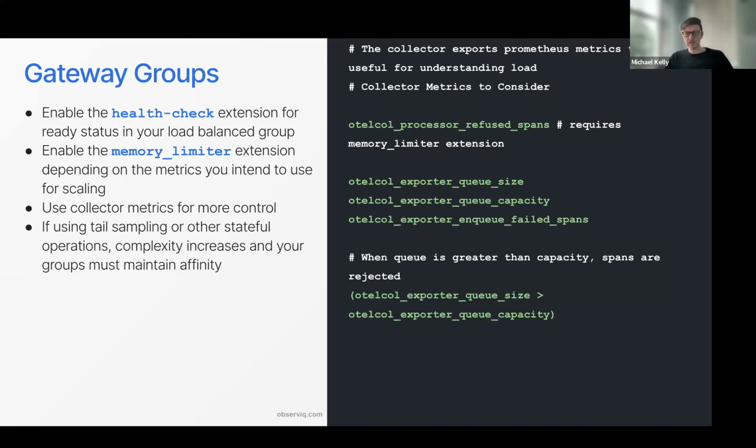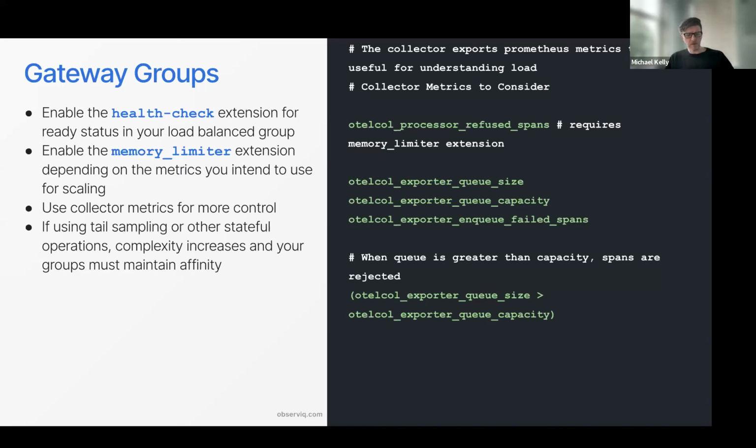You also may want to enable the memory limiter extension. One of the reasons to do this is you get some additional visibility in the metrics within the collector itself. If you enable the memory limiter extension, you get some additional metrics like the exporter queue size and capacity, and that can be a good indication of when to scale.